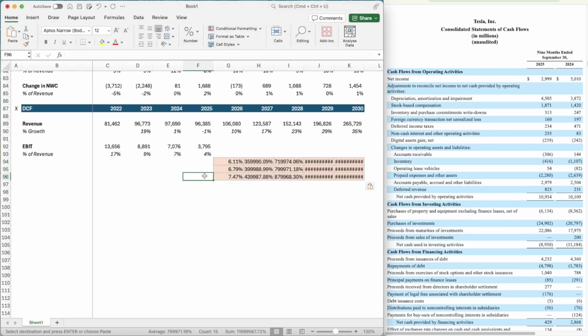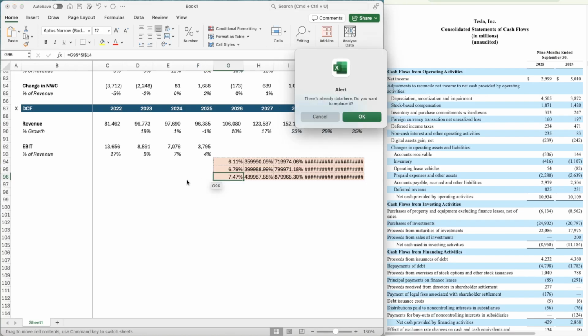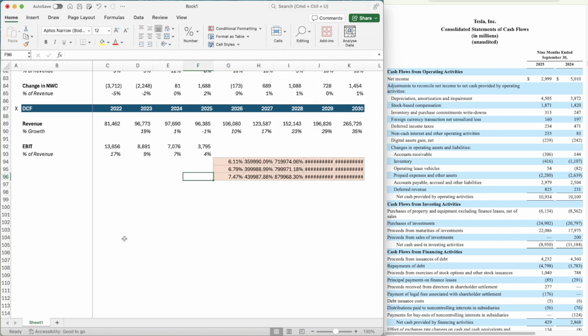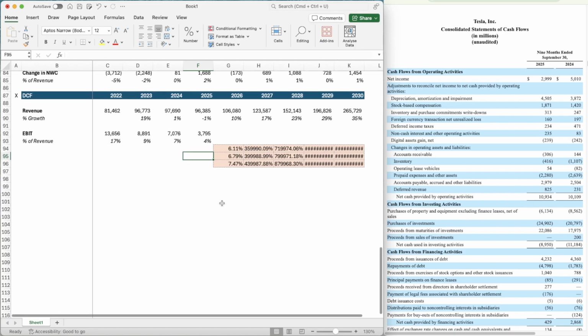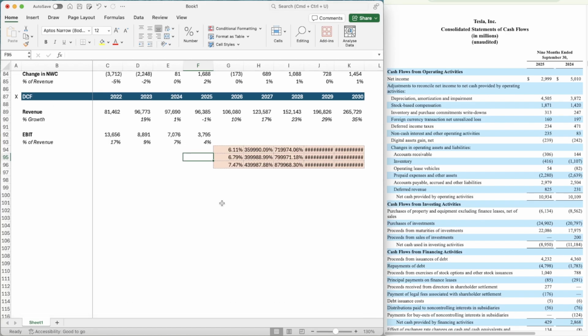Okay, so as we can see, the EBIT margin has been battered over the last couple of years. This is mainly due to price competition. They've had to reduce prices to maintain their volume. The competition being the likes of BYD in China, they are losing market share to them. There's also the regulatory credit decline, and these will probably disappear over the Trump administration.